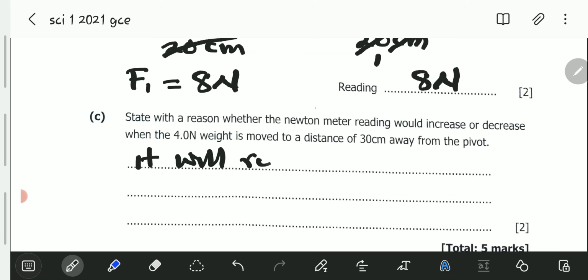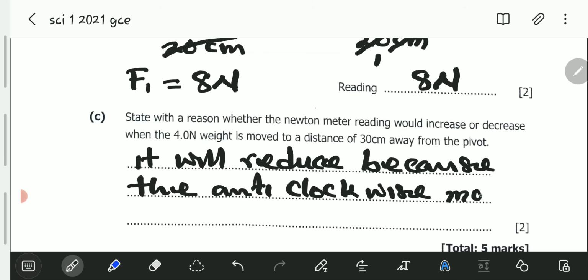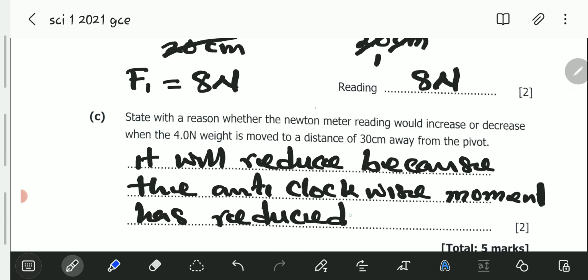So it will reduce because the anticlockwise moment has reduced, and its distance has remained the same.